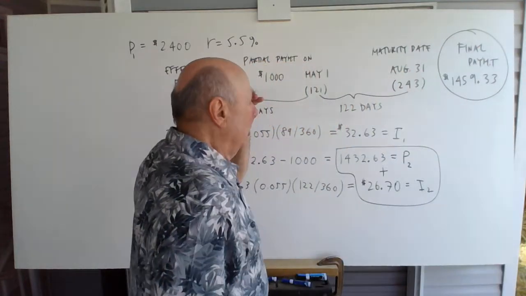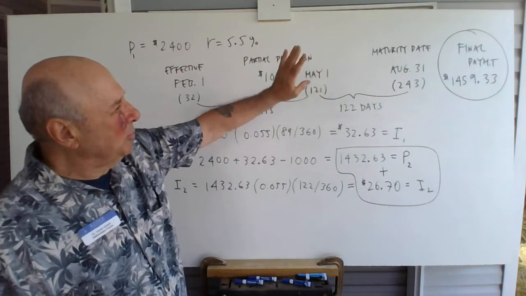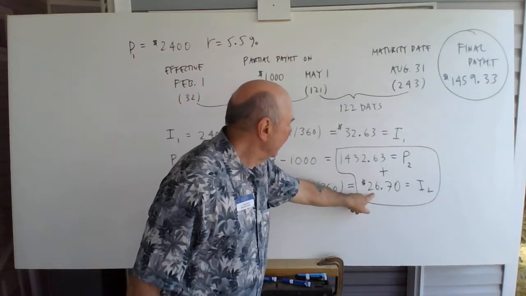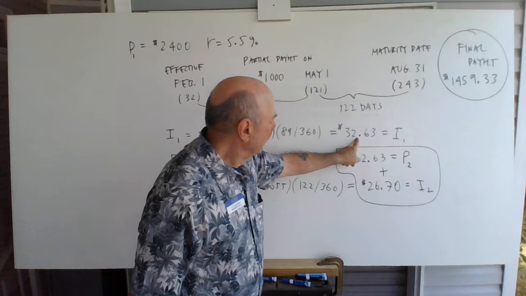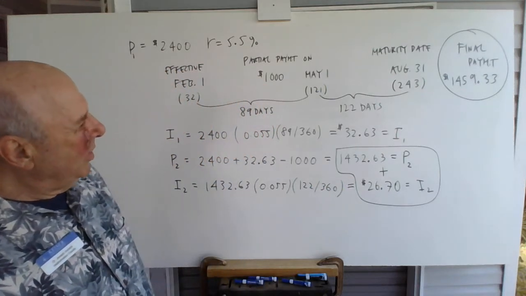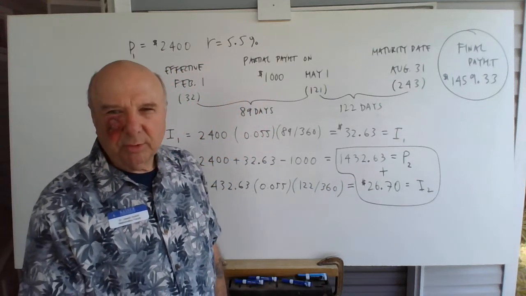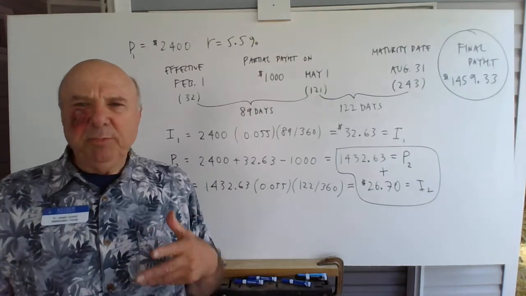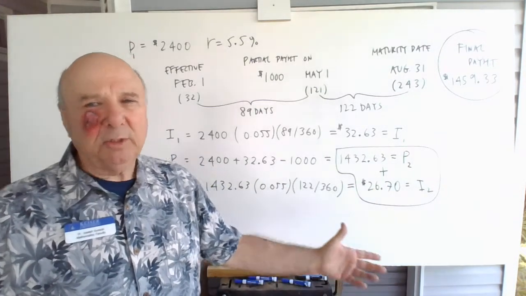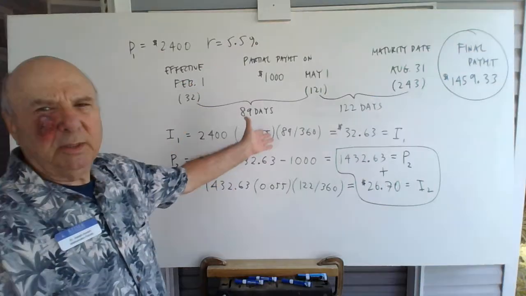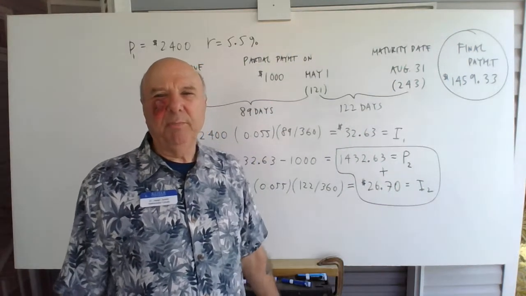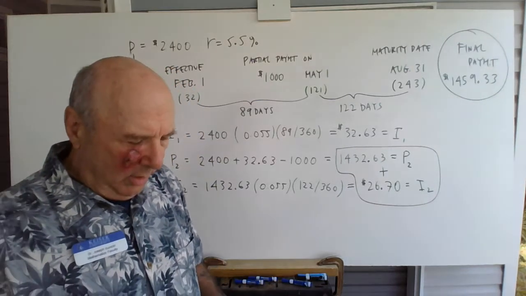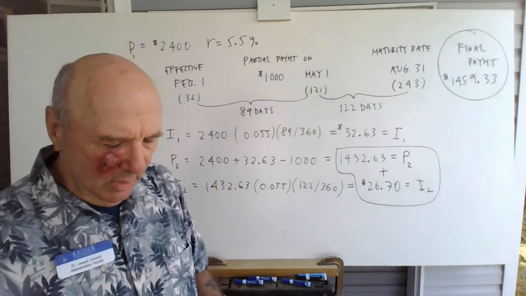You can quickly see that the interest we paid was this plus this. If I do it in my head, $59.33 is the total interest paid. But it didn't accrue over the total amount; it was the first part, and then the second part. So this is an early payment on a simple loan.